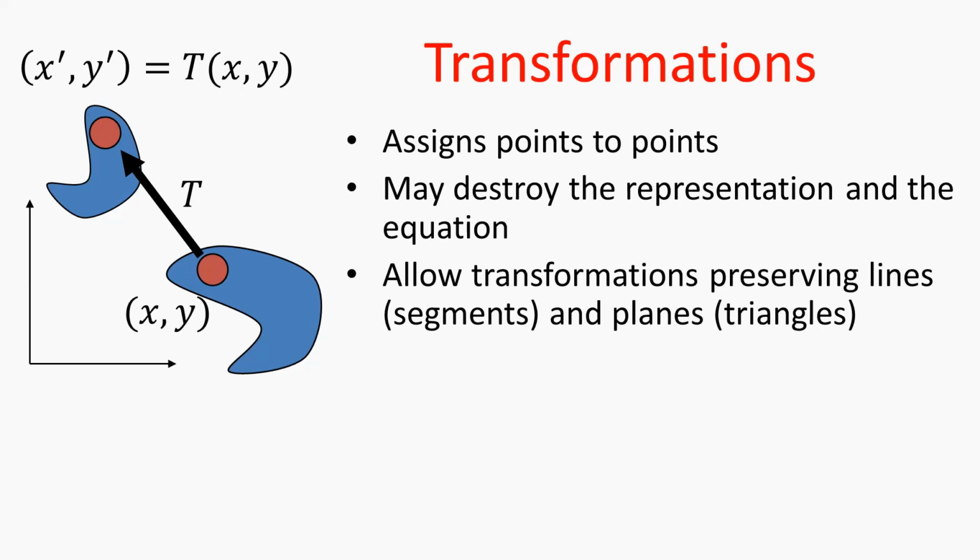We have to limit ourselves, both in the domain of the objects and also in the domain of the allowed transformations. We will use only those transformations which guarantee that line segments will be mapped to line segments and triangles will be mapped to triangles.